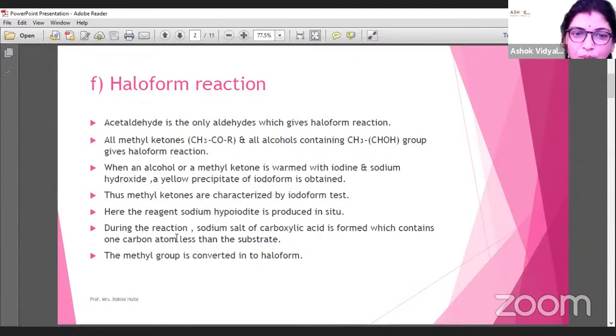Now next, during the reaction, the sodium salt of a carboxylic acid is formed, which contains one carbon atom less than the substrate. We will see that in the next slide. In that reaction it will become clear. The methyl group is converted into haloform. Now we will move to the next slide.